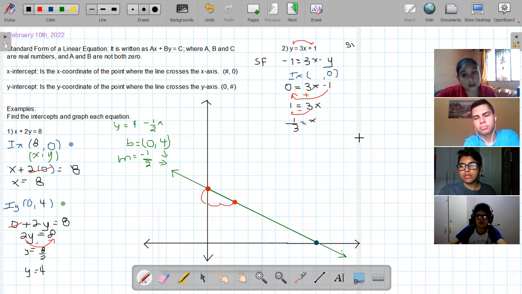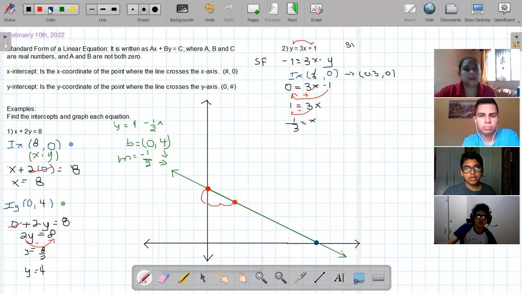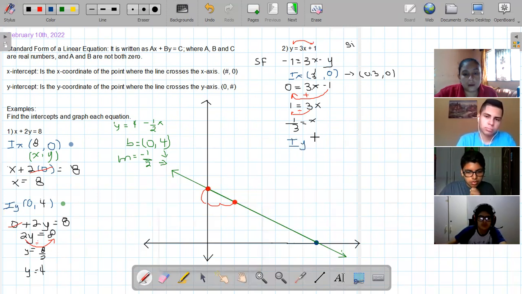Just for the sake of the graphing, you can pass it to a decimal, okay? Or you can leave it like 1/3. And then at the side, you can place it as a decimal, 0.3333 or 0.3, comma 0. Okay, just for the sake of the graph. Now we're gonna find the intercept in y, where x is 0, and we leave an empty space.